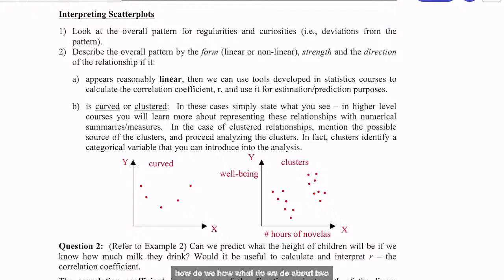What do we do about two variables and trying to understand the relationship between two variables?